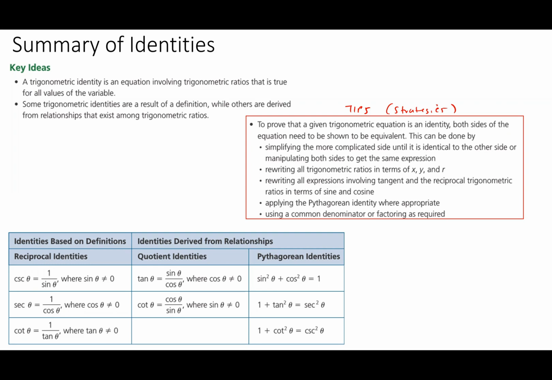Write down all of your identities. If you don't have them memorized, write them down on a separate piece of paper, take a look at which ones apply, and show all your work. And at the very end, after you've shown that one side can be converted to the other side, then you can make the statement, therefore left side is equal to right side, or vice versa.